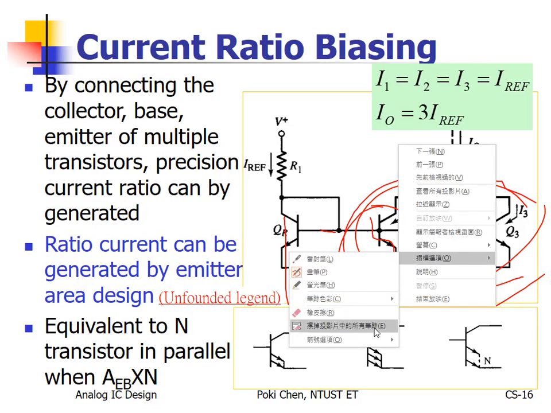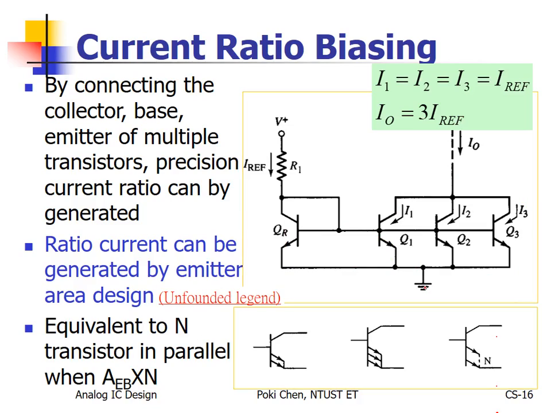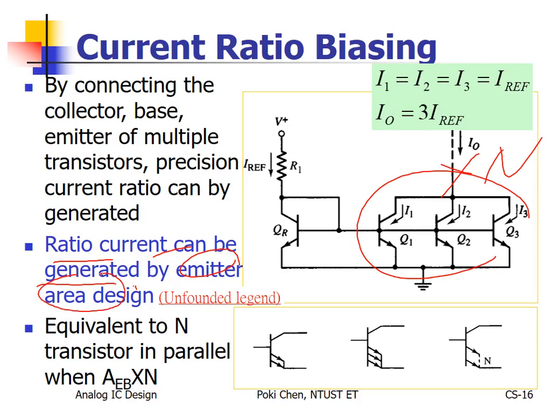What you learned, what they said in their textbook, is, hey, look, if you would like to get 3 times larger, never mind 3, n times larger, such a ratio of current can be generated by emitter area design. What do I mean?